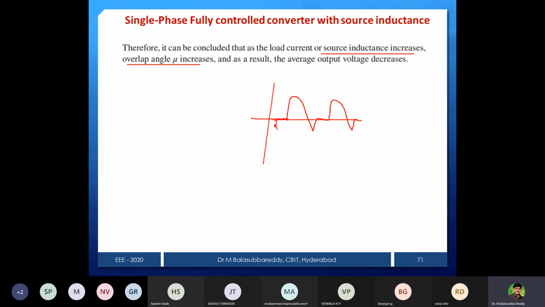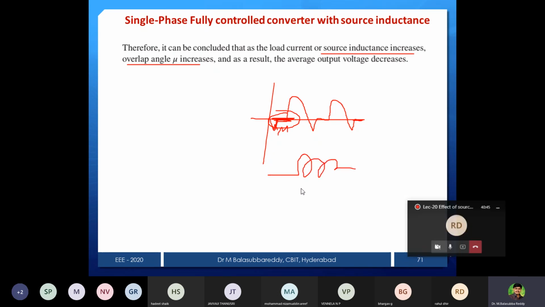This is our overlap period voltage waveform. Now if the overlap angle is mu, then what will happen? This portion is more. If this portion is more, what is the output? Voltage will drop more, because we are not getting output voltage during the overlap period. That's the reason. If the inductor is large, then it will store more energy. Just a minute.